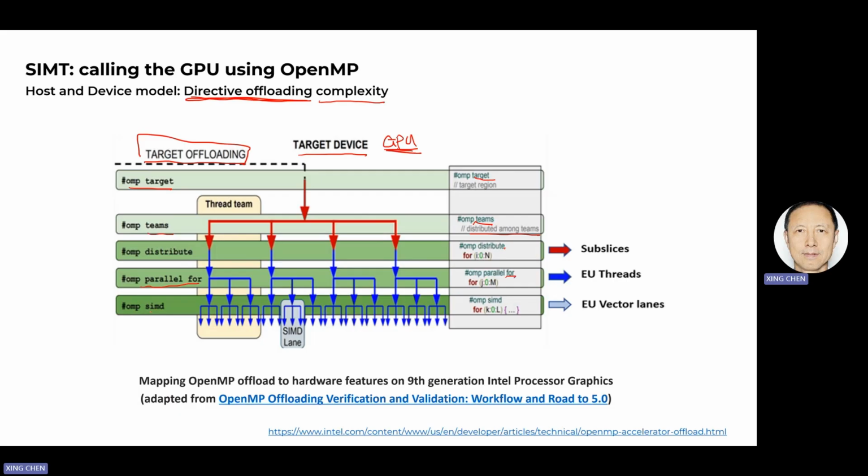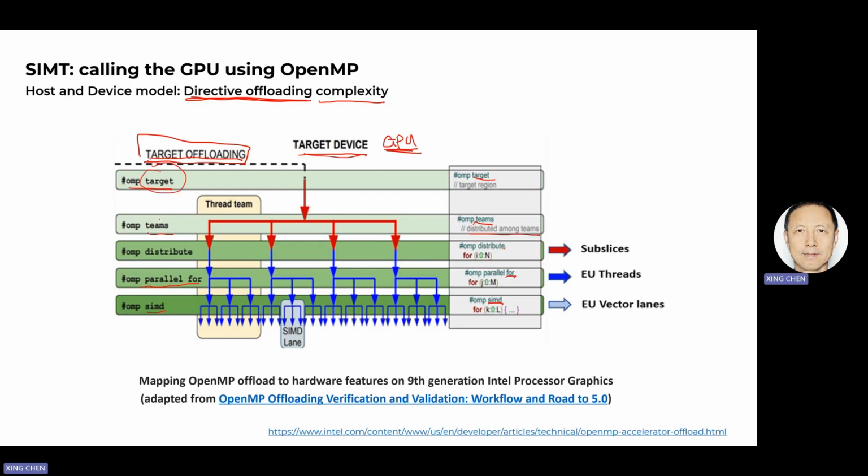And then you need to tell the runtime system how to use SIMD. Okay, so we do see the complexity of OpenMP offloading. The complexity is pretty much with OpenMP. As a programmer, you need to tell the system, I want to offload the workload to the GPU. This is the target.